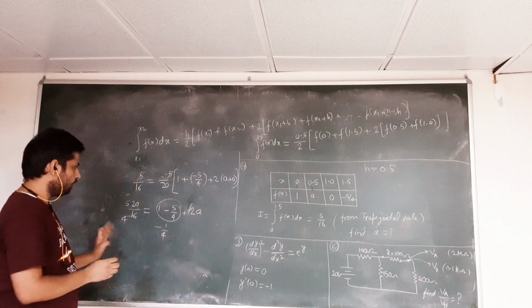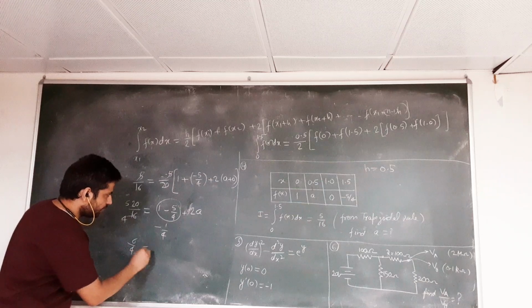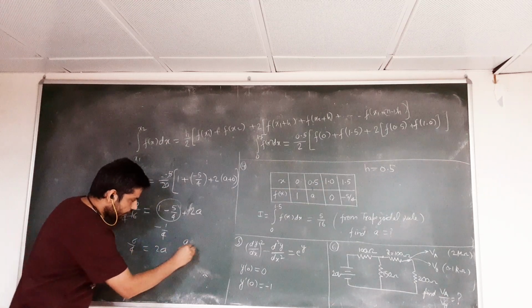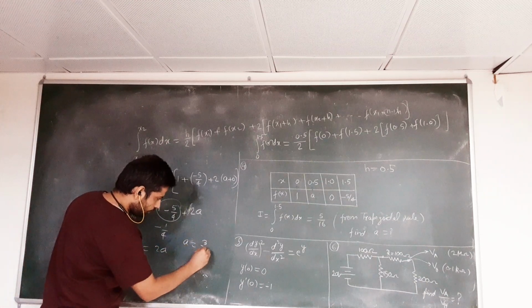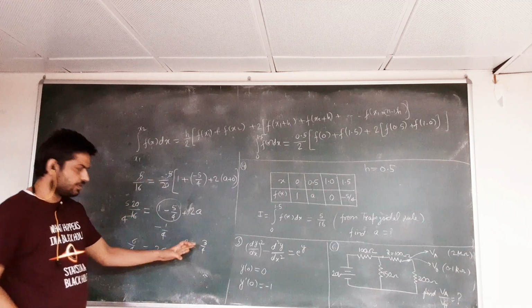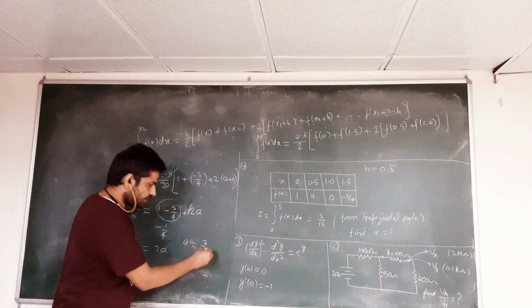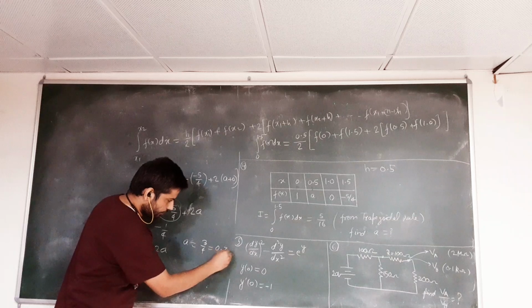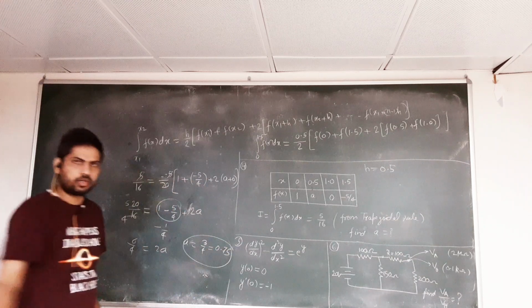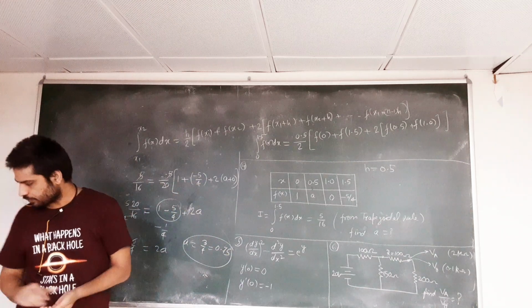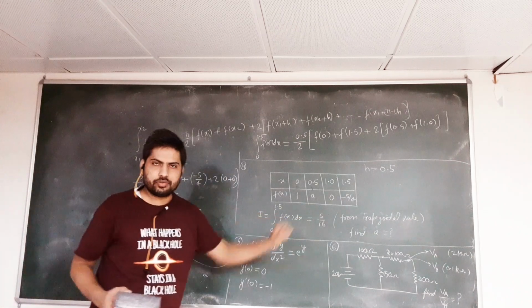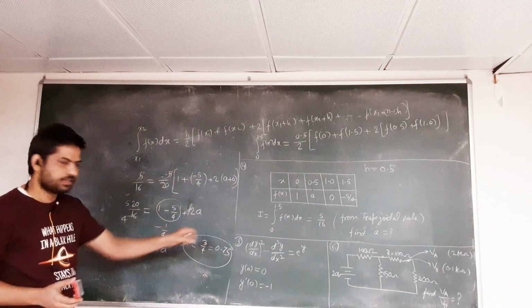This minus 1 by 4 will come here, it will be 6 by 4, and that equals 2 times a. So your a will be 3 by 4, or you can further simplify it to 0.75. So this will be your answer for this question. In this question only the value of a was required. Let's discuss the fifth question.